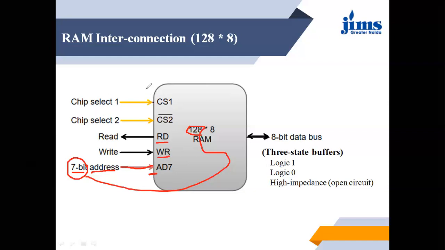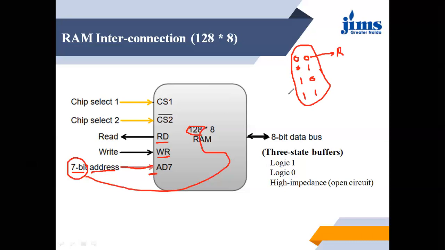So when we have two selection lines, there can be four combinations, that is 00, 01, 10, and 11. Based on these four, it will depend on which one we will read. It's not necessary that on 00 it will read.